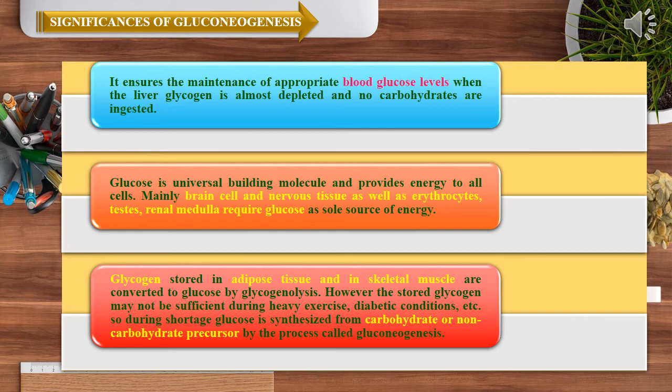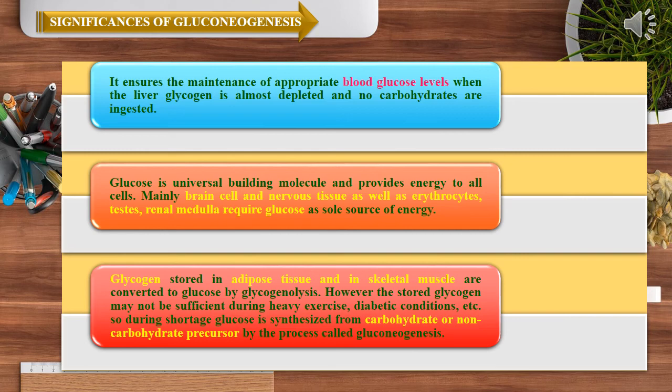Glycogen stored in liver and skeletal muscle is converted to glucose by glycogenolysis. However, stored glycogen may not be sufficient during heavy exercise, diabetic conditions, etc. So during shortage, glucose is synthesized from non-carbohydrate precursors by gluconeogenesis.